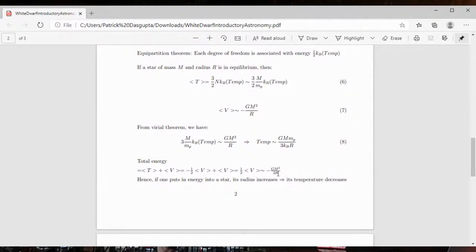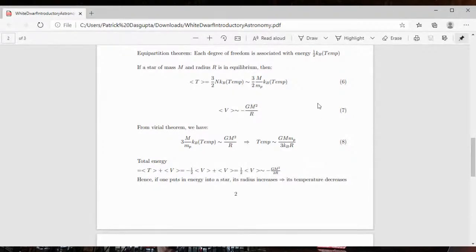While if R shrinks, the total energy becomes more negative. That means it decreases. In other words, this equation tells me for a given mass M, a corresponding red giant has more total energy compared to a white dwarf of the same mass.